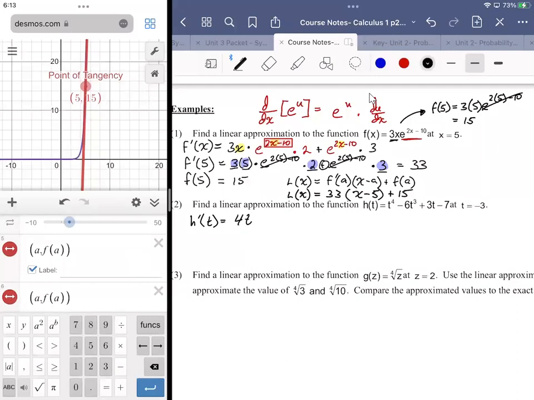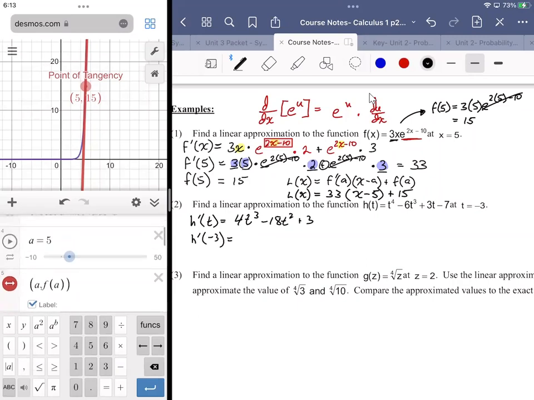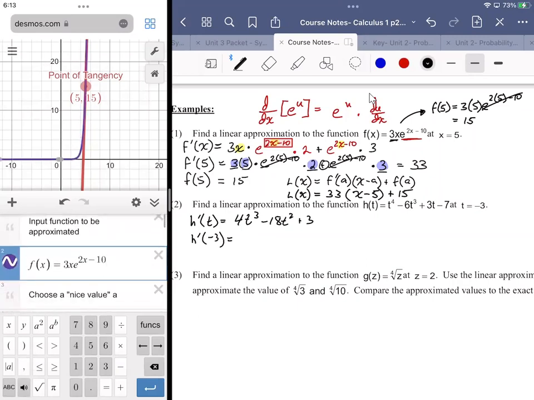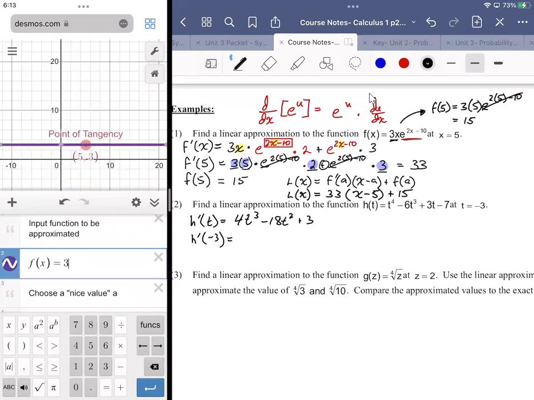So 4t cubed minus 18t squared plus 3. They're saying to do our nice value here is -3. Doesn't seem very nice, but it is what it is. Right? So h prime of -3. So what I would do here, again, use Desmos to my advantage and let it do the crunching for me.